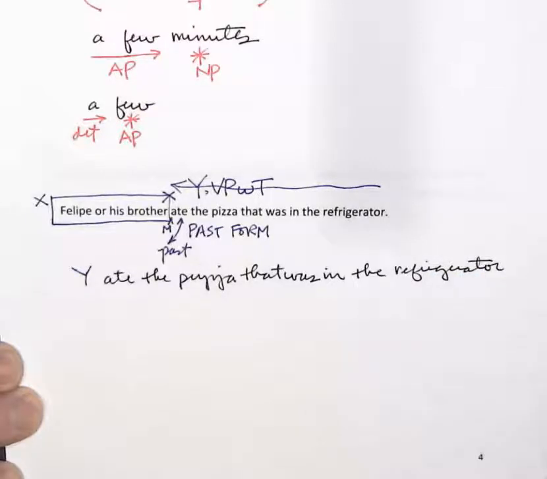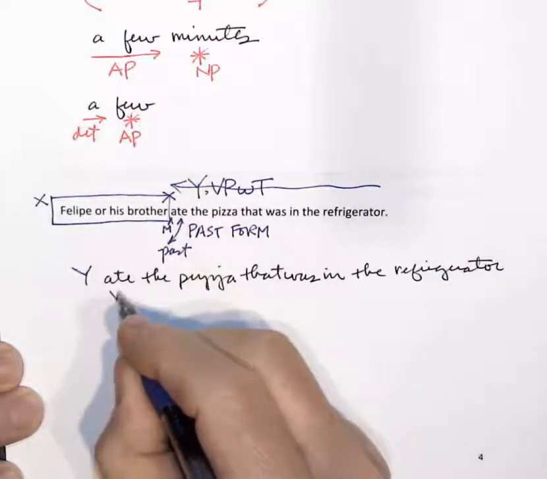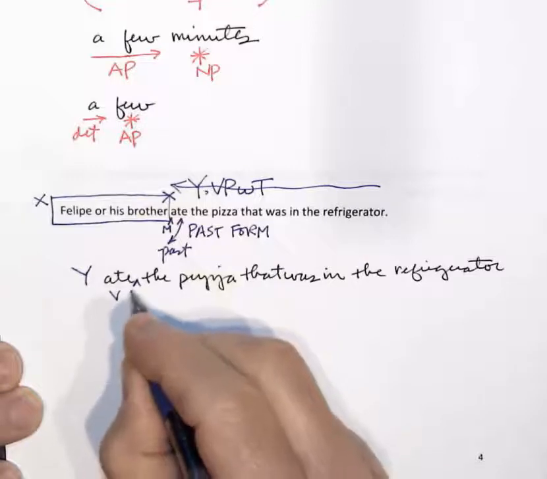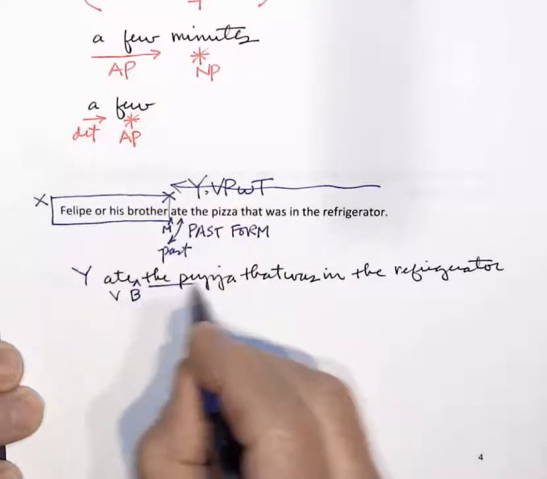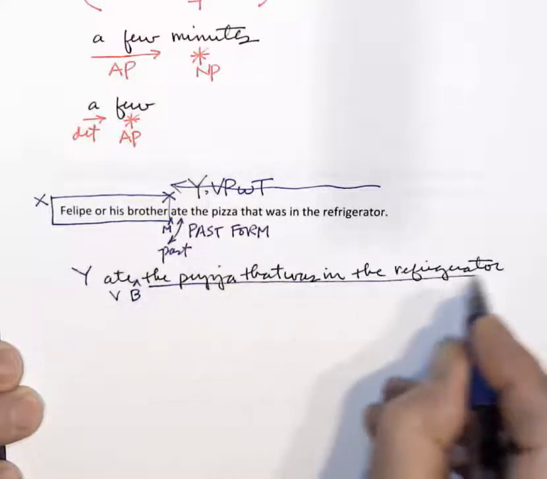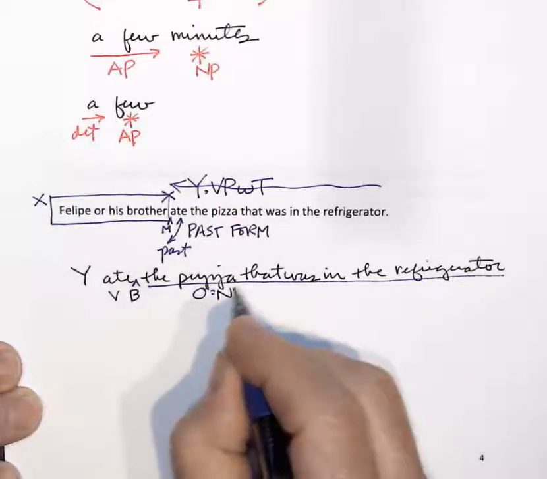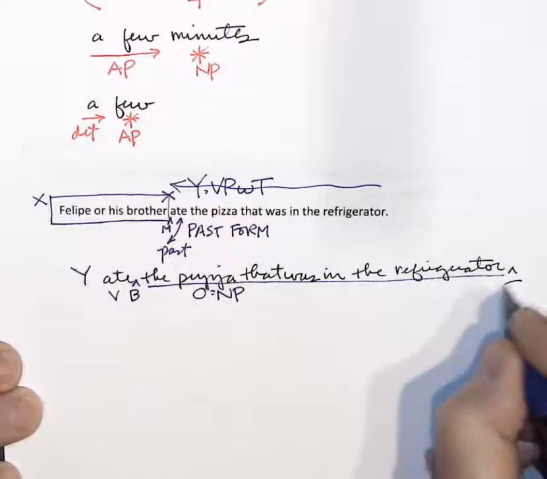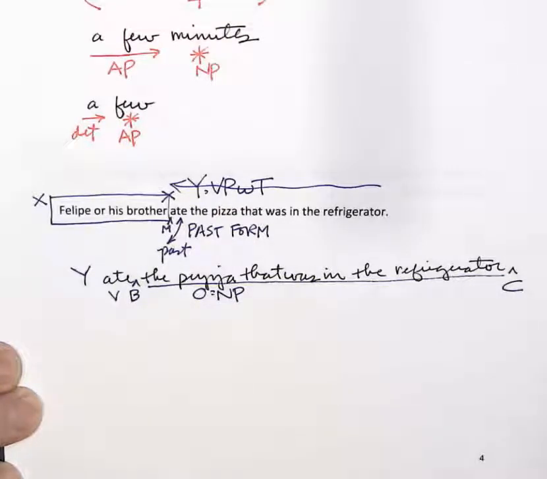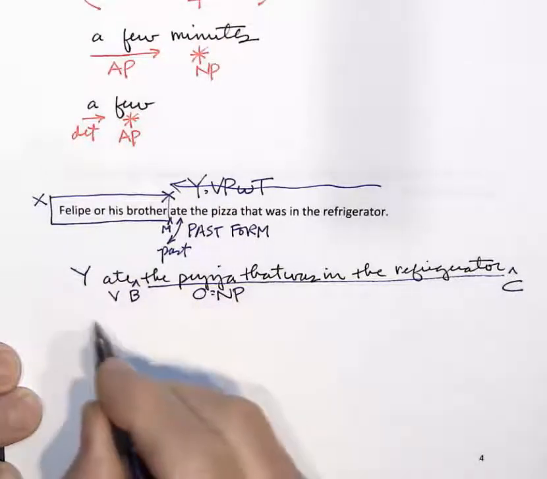Okay, and ate is the verb, no particle. The pizza that was in the refrigerator is the object. It's a noun phrase. The complement place is empty. And let's take a look at our noun phrase.